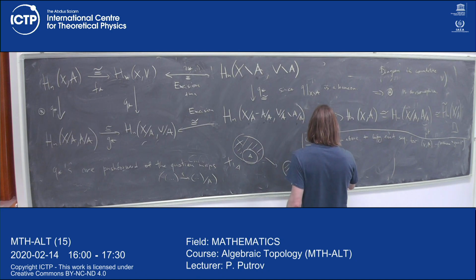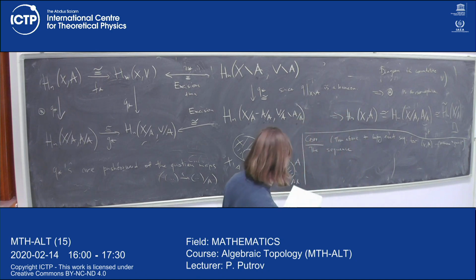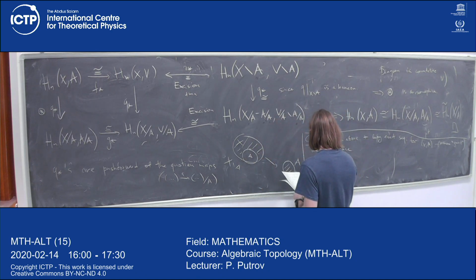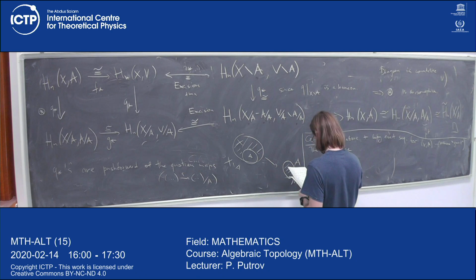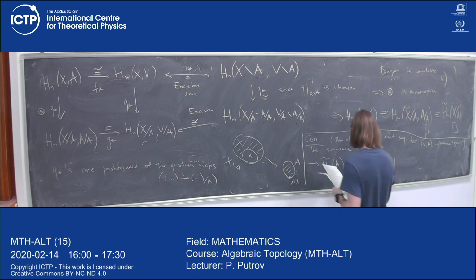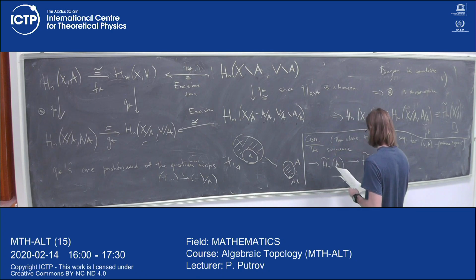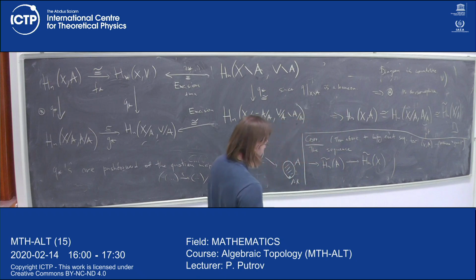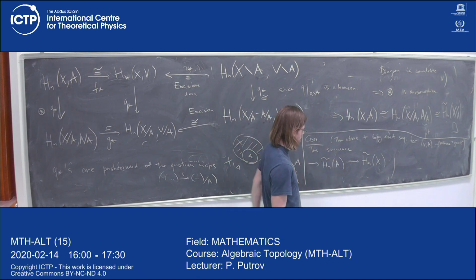The sequence. It's convenient to write it using these reduced homologies. But again, the reduced homologies are almost the same as the usual ones. For n greater than 0, they're the same as usual homologies.